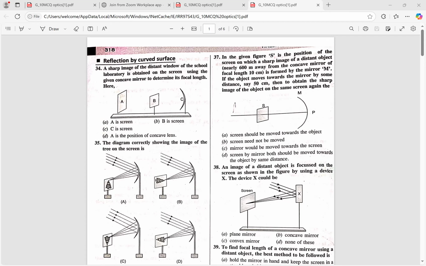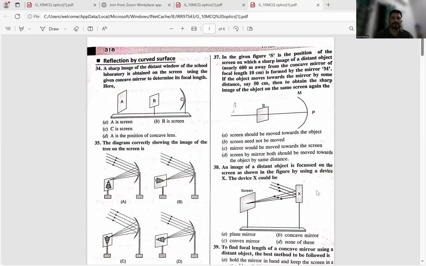But if your grade 10 concept is not clear, it means you face the problem. So first of all, you need to prepare grade 10 topics, meaning grade 10 ray diagrams and all the concepts.